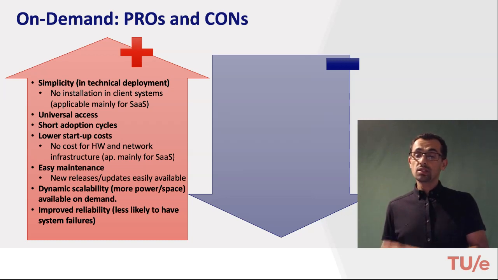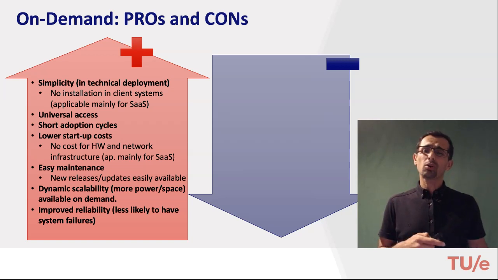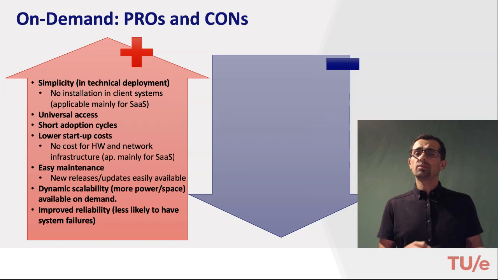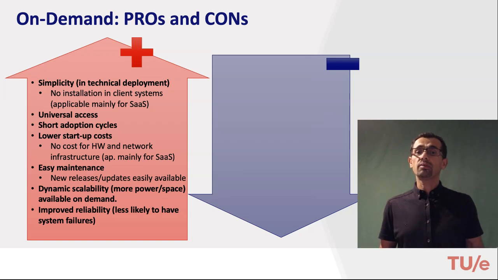They are easier for organizations to adopt, as they typically have lower startup costs, since you don't have to buy servers or install things on top of them. They are easier to maintain. Usually vendors maintain them for you, and the scalability and reliability are likely to be better in on-demand provisioning, as the vendors usually have better technical infrastructure than you have in your premise and can scale more easily.